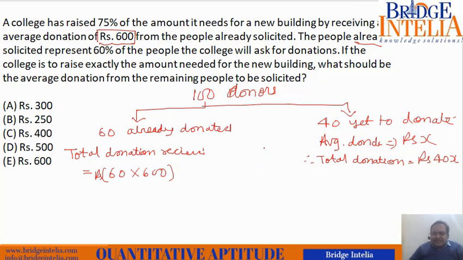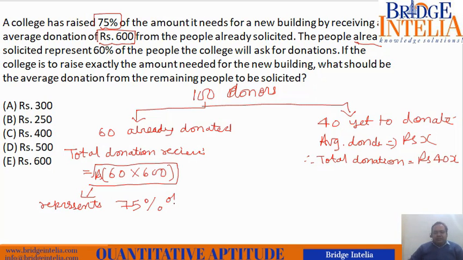What else do we know? We know that the college has already raised 75%. So this amount represents 75% of the money required, and this amount represents the remaining 25%.